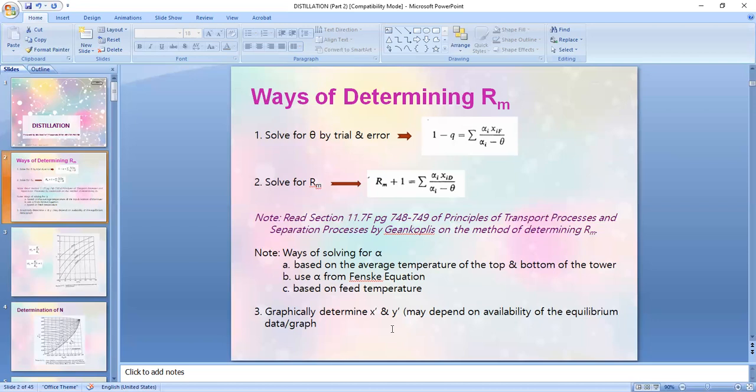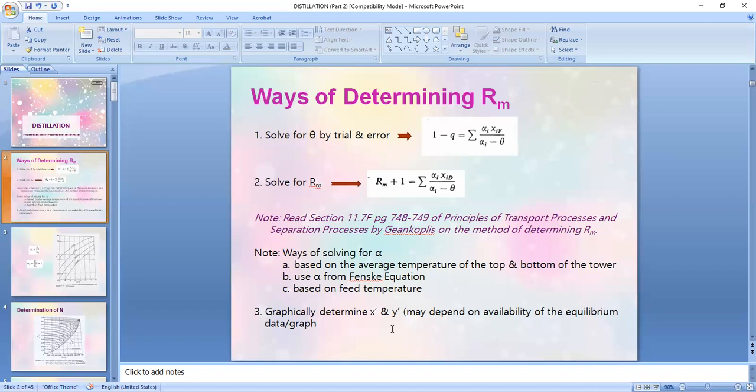All you need is the XD and the XW. If you recall our discussion last meeting, all you have to do is start making steps from the XD down until you reach X sub W. You don't need the operating lines, you simply make your steps touch the equilibrium curve. Again, that is if you have the equilibrium curve. So we forget about that if we don't have the curve or the data.